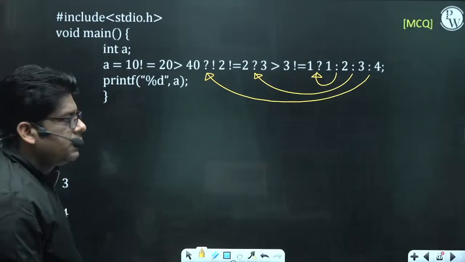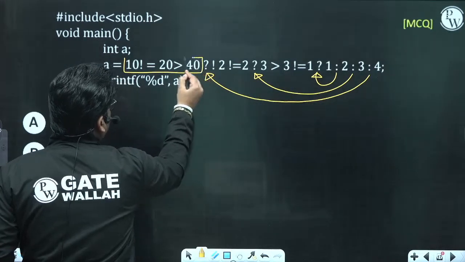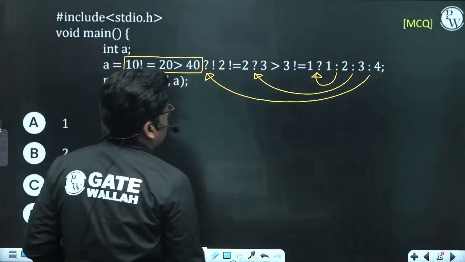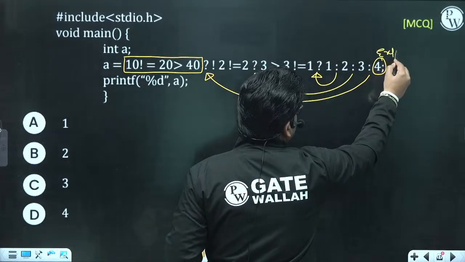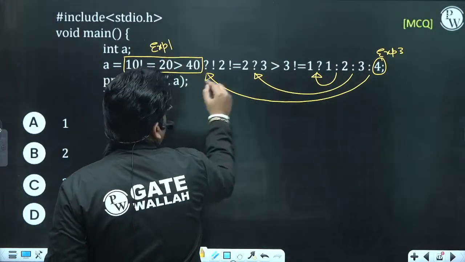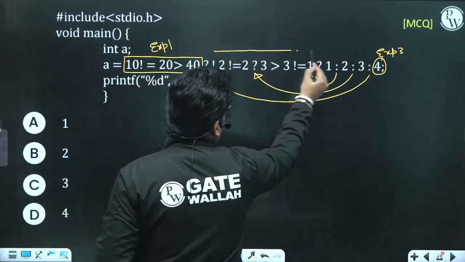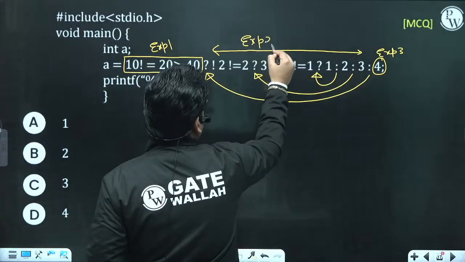Done, sir. That means for this colon, this is the expression 1. And this is expression 3. And remaining is expression, see, this is expression 1, this is expression 3, and from here to here, this is the expression 2. Ternary operator contains 3 expressions.